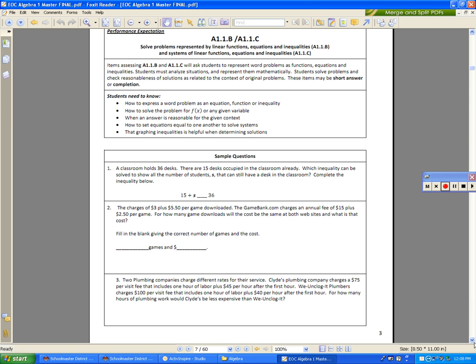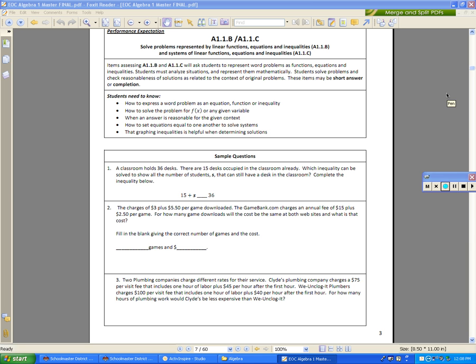Okay, so number 1 says, a classroom holds 36 desks. There are 15 desks occupied in the classroom already. Which inequality can be solved to show all the number of students S that can still have a desk in the classroom? So we just need to put an inequality symbol in there.